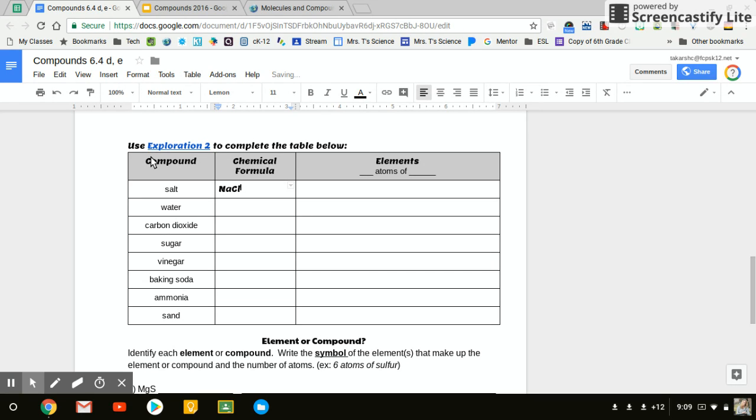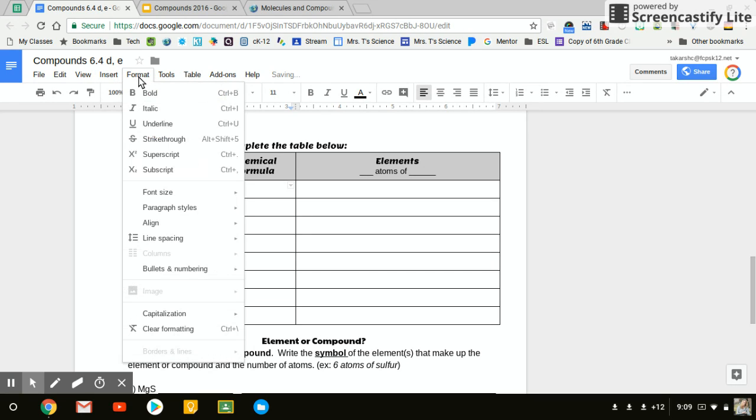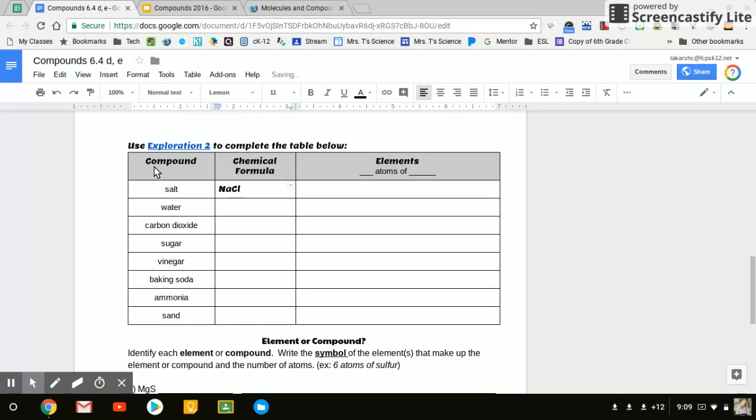Whoops, superscript. We want the subscript. Format, subscript, 2, NaCl2. And then you're going to go ahead and explain this chemical formula. So this tells us that there's 1 atom of sodium and there are 2 atoms of chlorine.